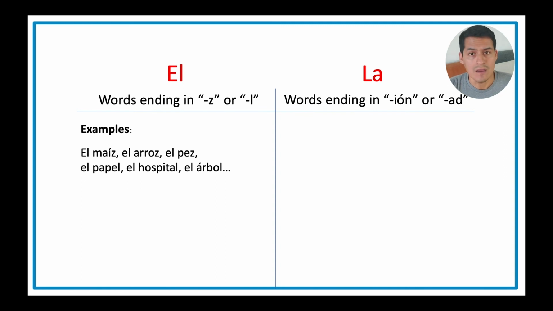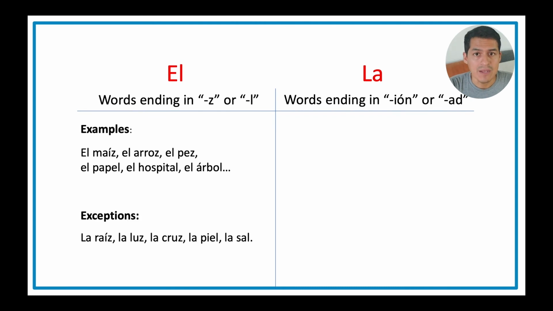And here are a few common exceptions that end in Z or L, but use the article la. La raíz, la luz, la cruz, la piel, la sal. These are the most common exceptions. It might seem like a lot, but remember that most words follow the general rule.